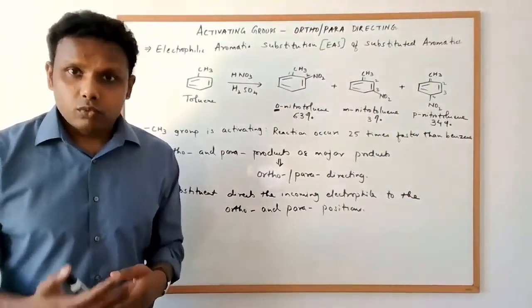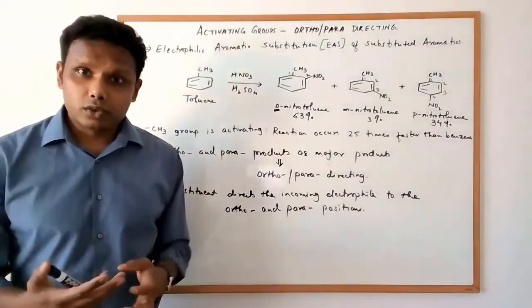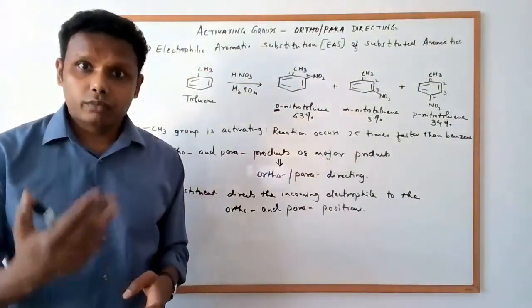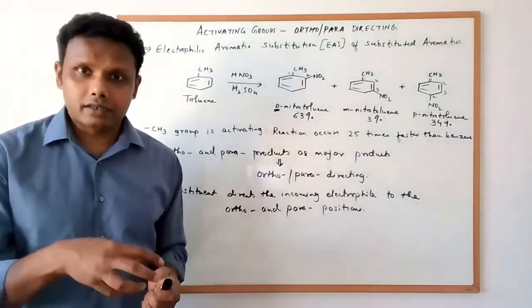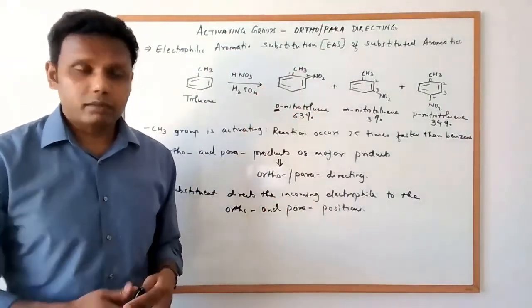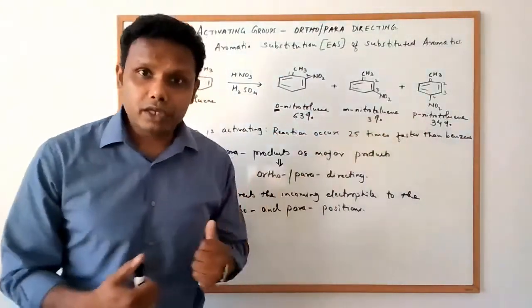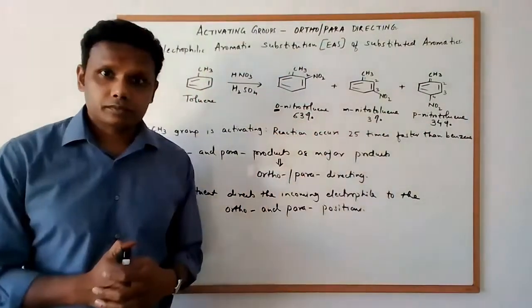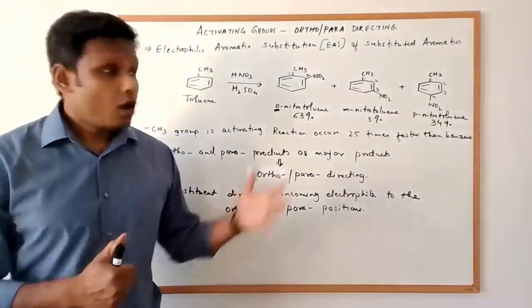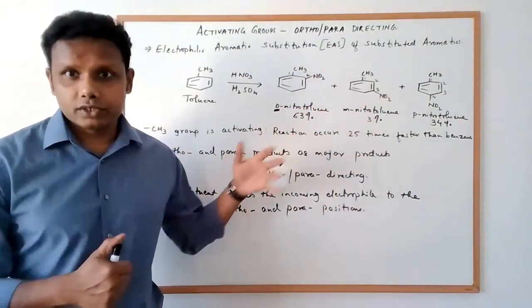In fact, what we're going to see later is that all activating groups are ortho-para directing. They all send the electrophile to the ortho or the para position, implying that those products are the major products in this reaction. To understand why that is the case, we'll have to look at the mechanism of this reaction.